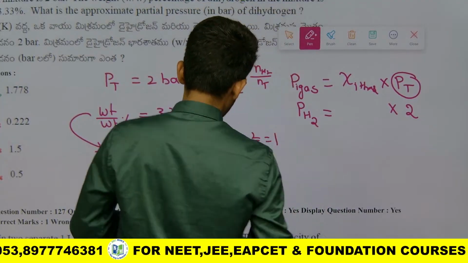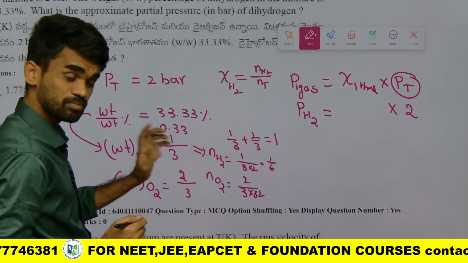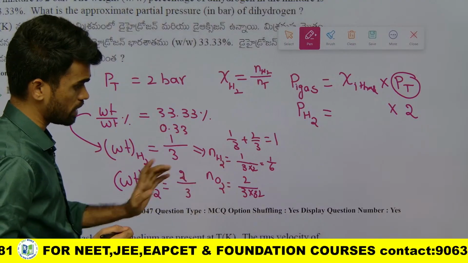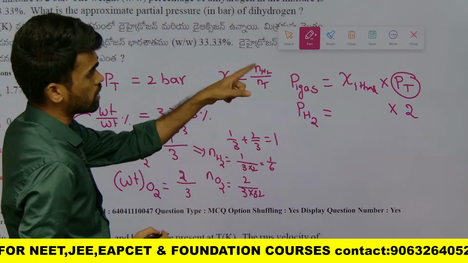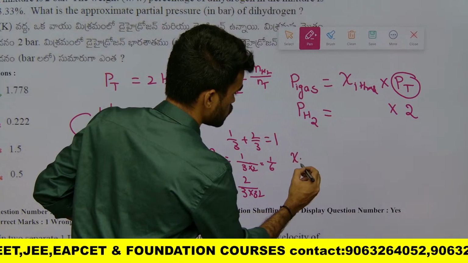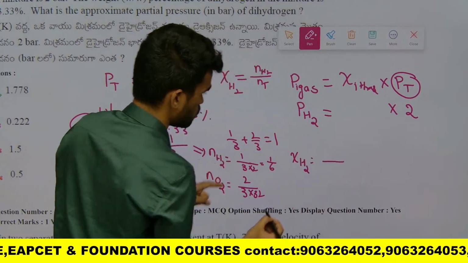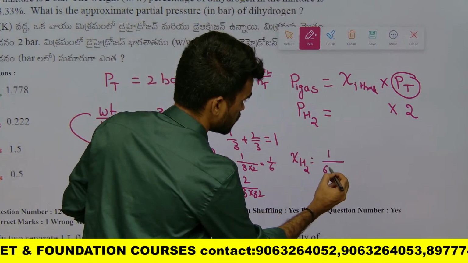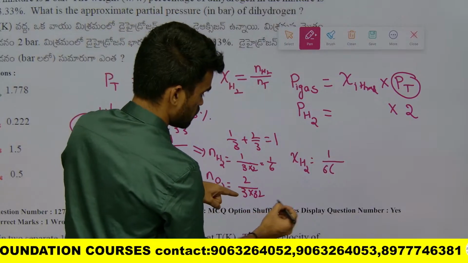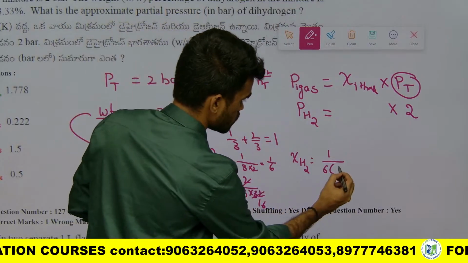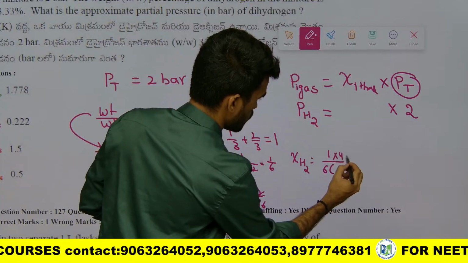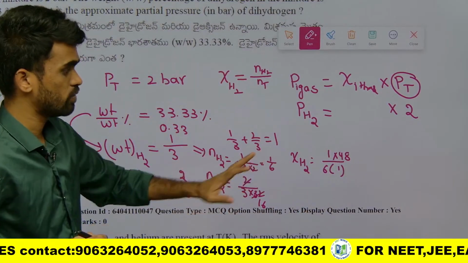Yeah, so next, this is about the number of moles of O2 and H2 we got. From this, how can we convert to the mole fraction of H2? The number of moles of H2 is 1 by 6. And the mole fraction of this, how much is it? 1 by 6 over the total, so this is the value we got here for the mole fraction.